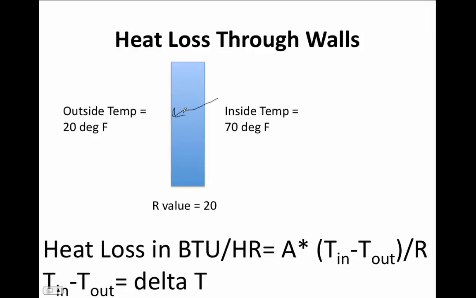And the higher the delta T, if I made the inside temperature 100 degrees, then there'd be more energy flowing to the outside. If I double the temperature difference, I'll double the amount of energy that flows from inside to outside. If I lower the outside temperature, keep the inside temperature the same, I'll also have more heat loss. So the bigger temperature difference drives the heat loss through that wall, and the R value slows it.